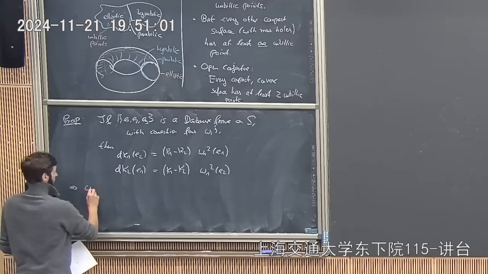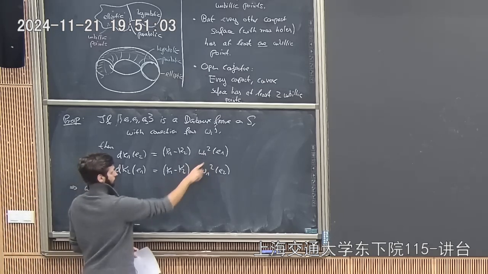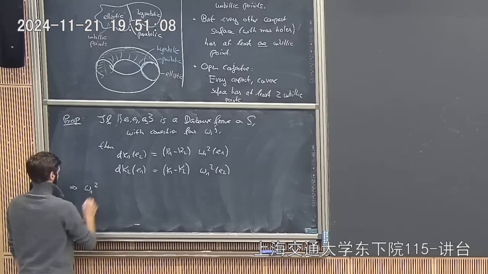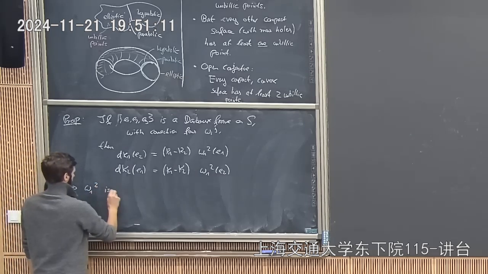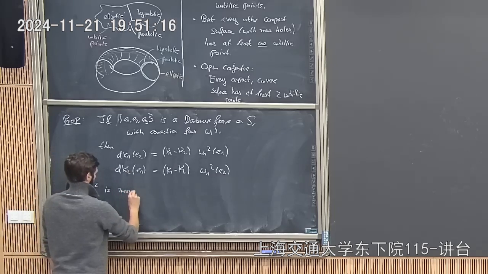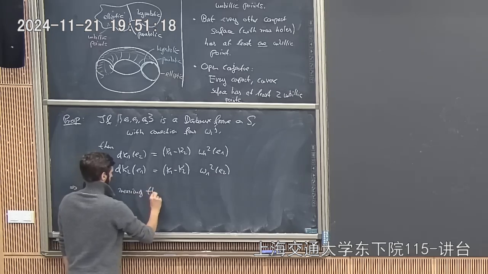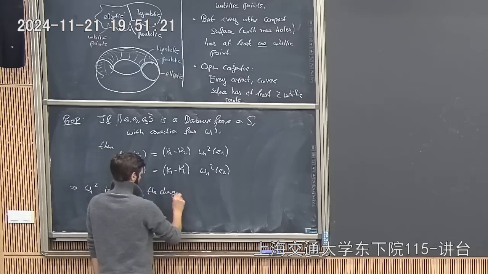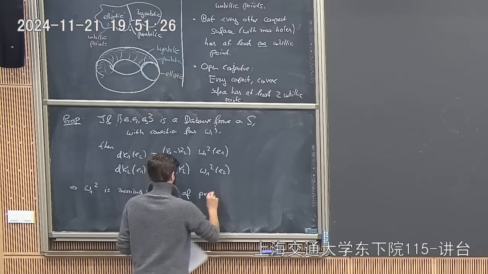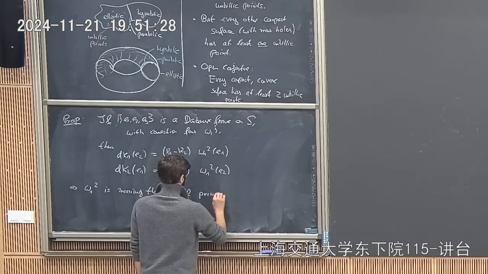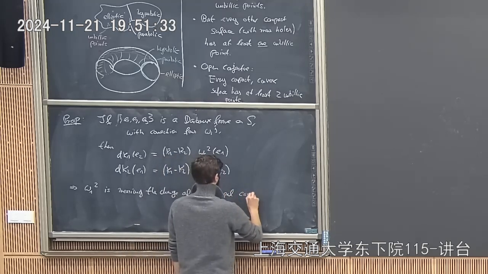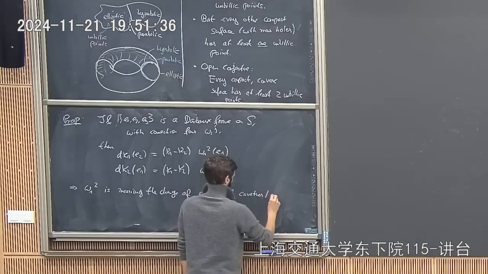You need all of the information for omega 1 2, and then you get automatically the change. So there's an equivalence. Omega 1 2 is, by this equation, measuring the change of the principal curvatures or of the directions.